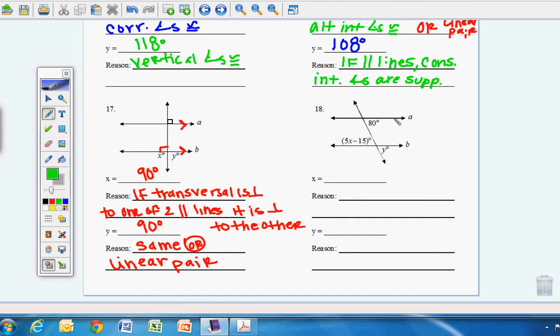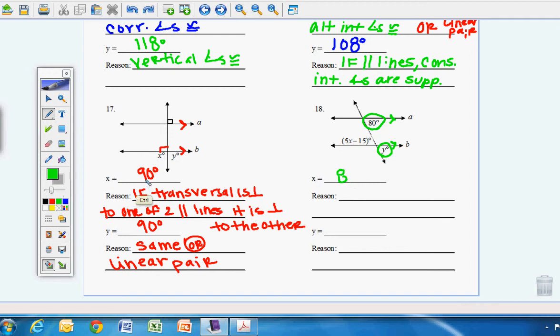Okay, if these are parallel, what can we say? Well, we want to figure out X and Y, and Y might be a little bit easier right away. You can kind of see here's a location here on the right side of the transversal underneath. Oh, hey, and this is also the same location, just on the other line. So those are corresponding angles, so Y is also going to be 80 degrees.